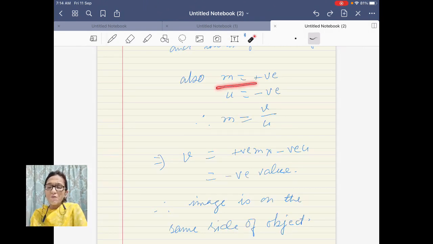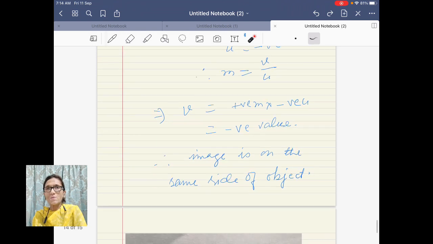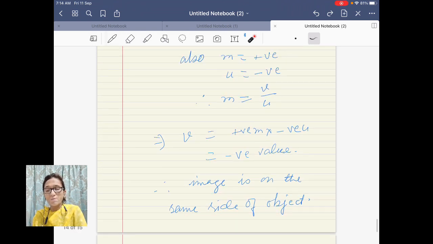So here we find that magnification is a positive number, and u we have taken as a negative number. Now in the formula m is equal to v upon u, you get that v is equal to a positive magnification into a negative u. So v comes a negative value, and negative v means the image is forming on the same side of the object.